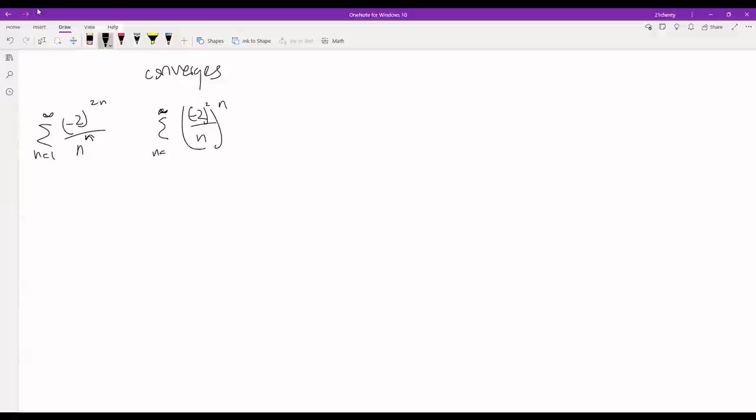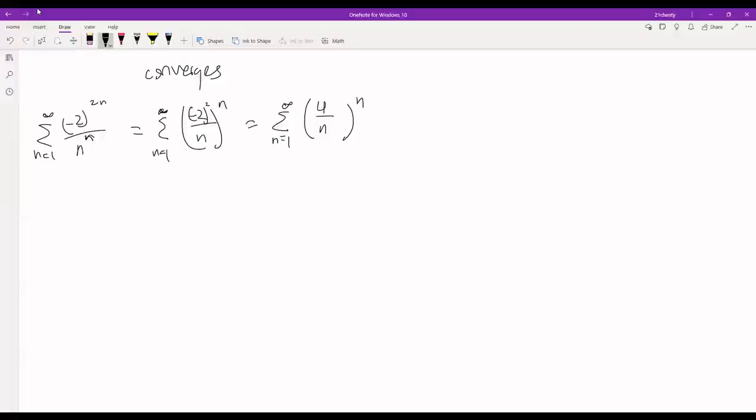And so (-2) squared equals 4. So that means this can be rewritten as 4 over n, to the n.